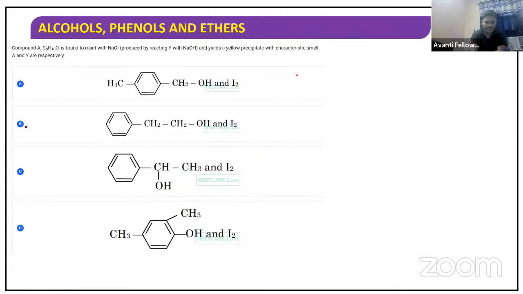So you need to identify that compound A, C8H10O, is found to react with NaOI produced by reacting Y with NaOH and give a yellow precipitate with the characteristic smell. A and Y respectively. सो यू नीड टू आइडेंटिफाई दिस, ठीक है। चलो ए एंड वाई क्या होगा यहाँ पे, सो सिंपली हेयर ए इज नथिंग बट वी हैव बेंजीन, so only special linkage will give this iodoform test like this CH(OH) and CH3, so this will give iodoform test.